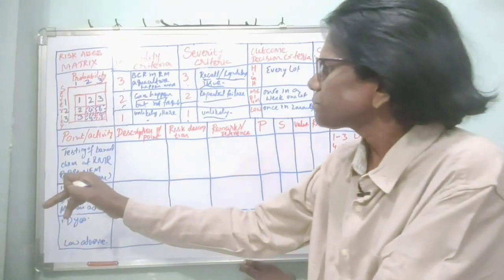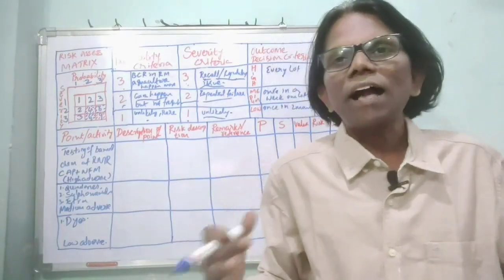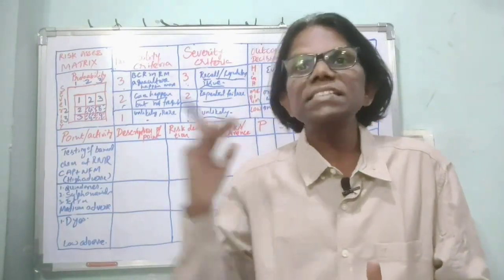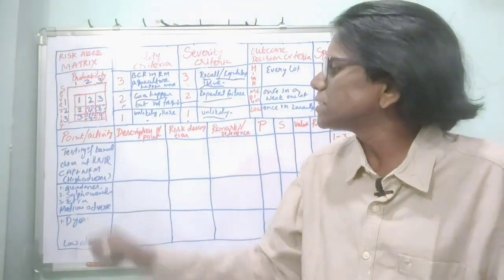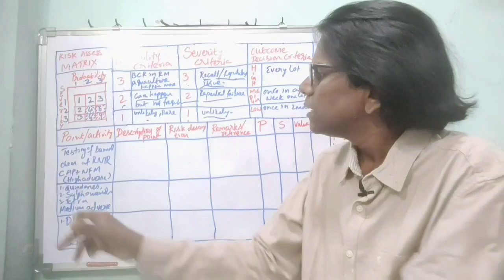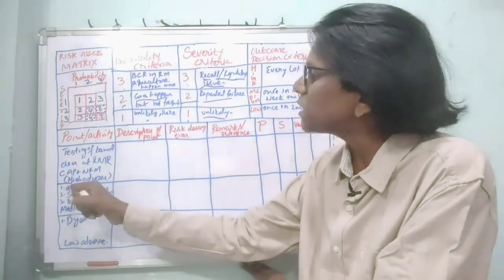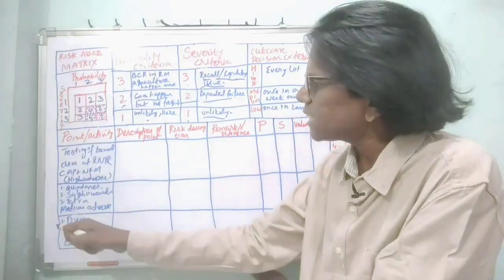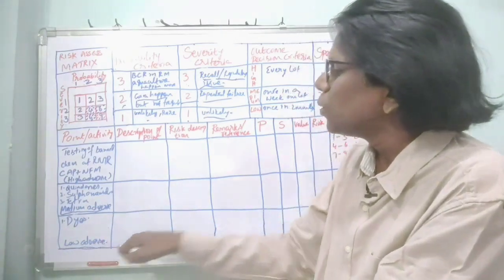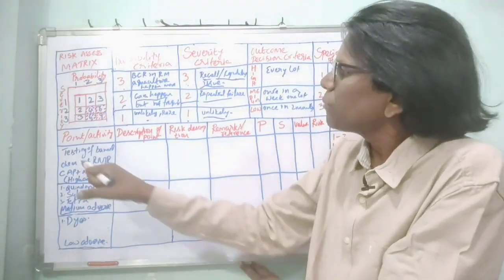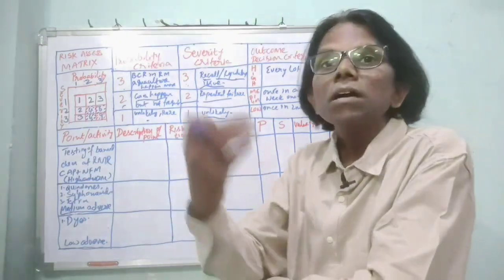Now we'll see. I have categorized these aquaculture drugs in three categories based on the risk probabilities and severities. The first one is high adverse effect chemicals, the second is medium adverse effect chemicals, and the third is low adverse effect chemicals.